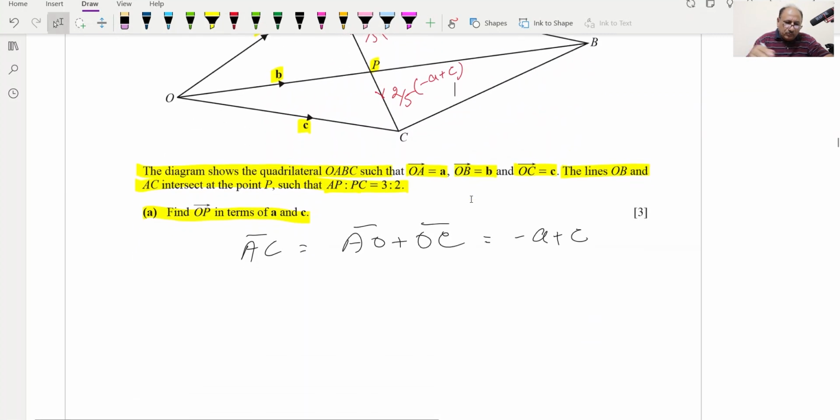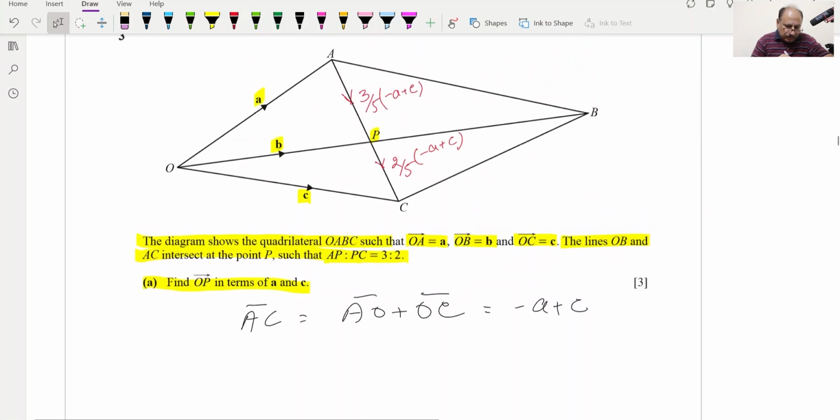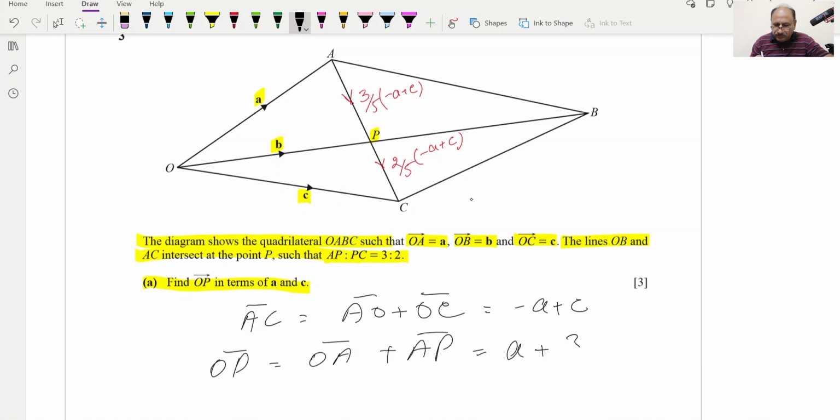Now OP will be equal to what? The OP vector will be equal to OA plus AP, and the OA vector is A and the AP vector is 3/5 of C minus A, or minus A plus C, it will be the same thing.